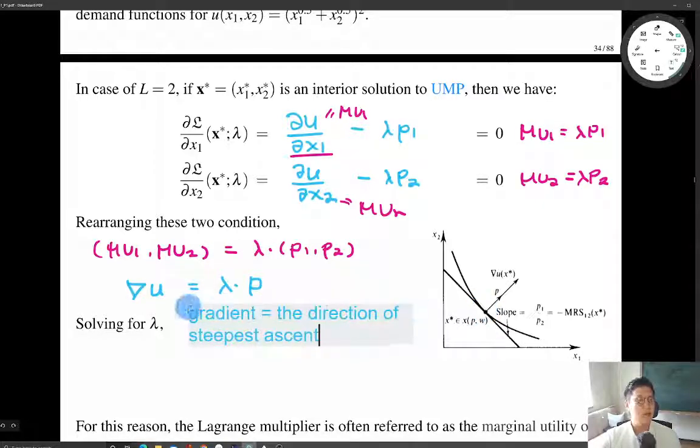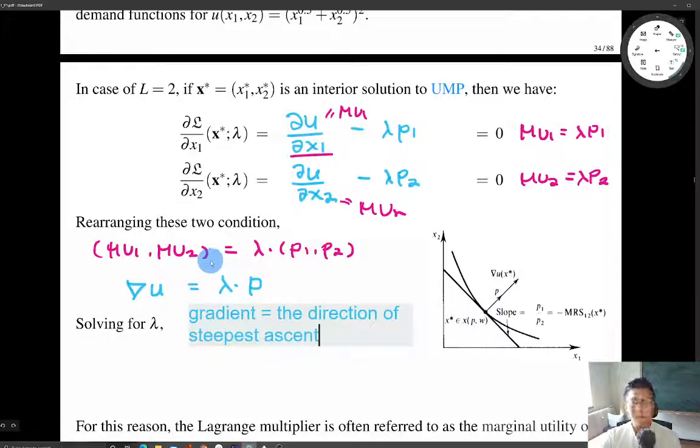So the geometric interpretation of this condition derived from the Lagrange multiplier simply tells us that the price vector and the gradient of utility indicate the same direction. This is why we have a tangency condition for the optimal bundle: at that bundle, the budget line and the indifference curve are tangent to each other.